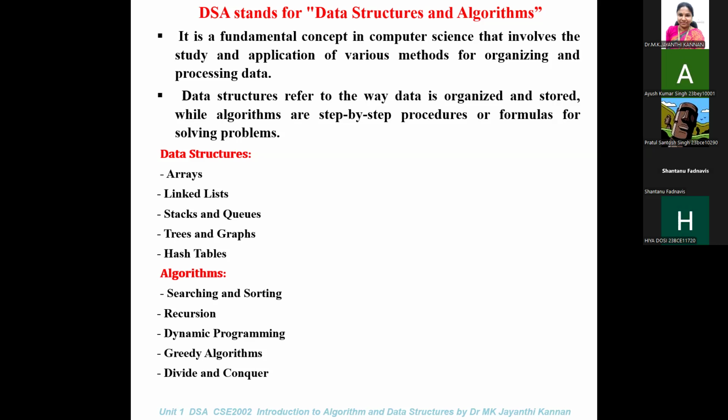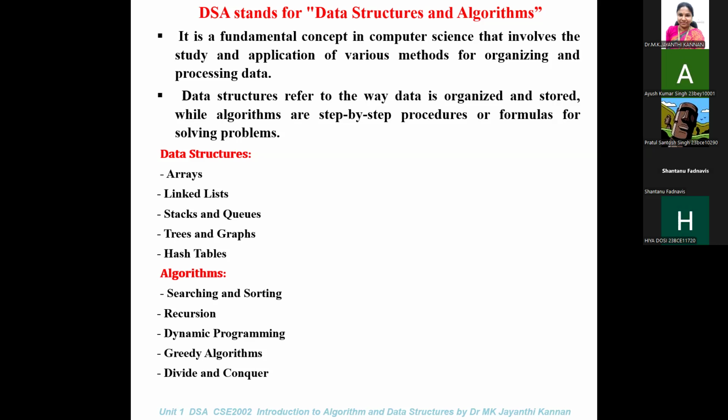These topics we are going to study in the remaining units 2, 3, 4 and 5. The data structure can be implemented in C, C++, Python, Java, any code. The various algorithms we use in programming are searching and sorting algorithms, recursive algorithms, dynamic programming algorithms, greedy algorithms, and divide and conquer algorithms.